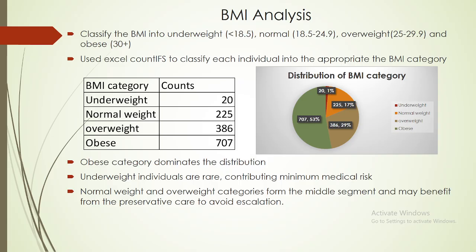I have used the conditions: if it is less than 18.5, then they are underweight, and between 18.5 to 24.9 they are normal. Overweight is 25 to 29.9, and if the BMI value is 30 plus, then they are under the obese category.